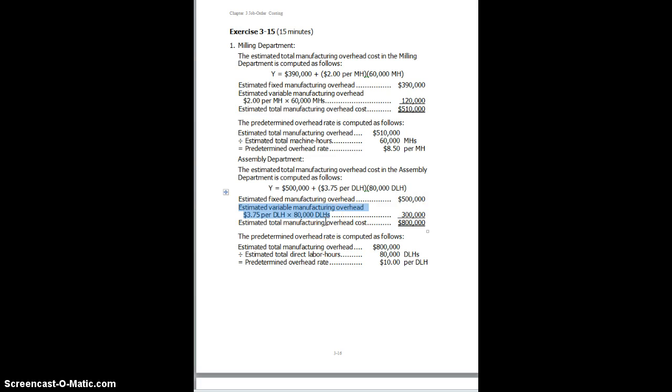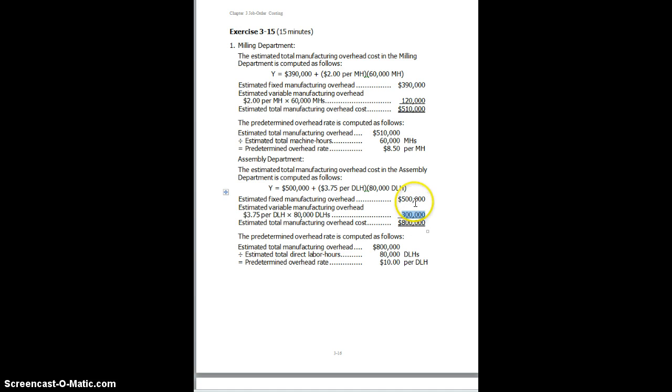We have 80,000 direct labor hours. Therefore, $3.75 multiplied by 80,000 direct labor hours is what we expect. This is our estimate. We expect to have $300,000 of variable manufacturing overhead.